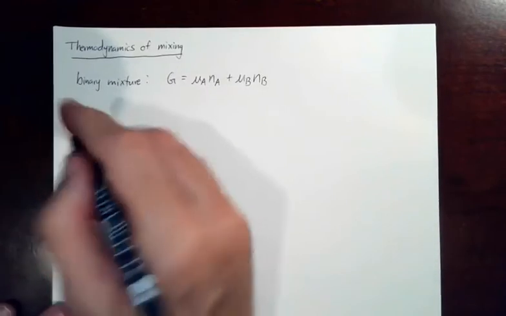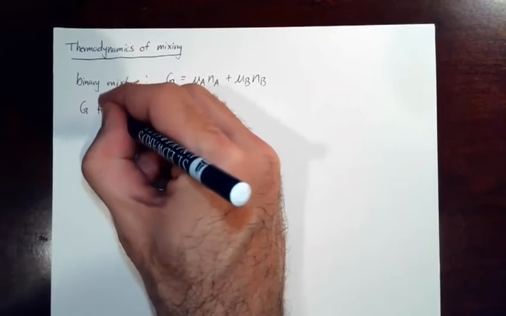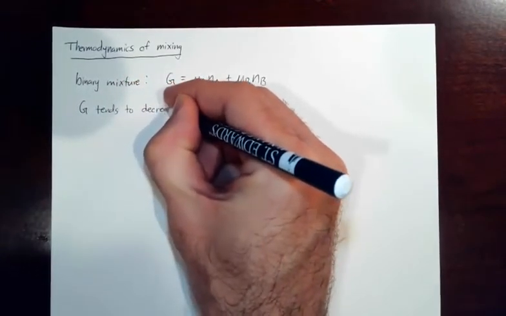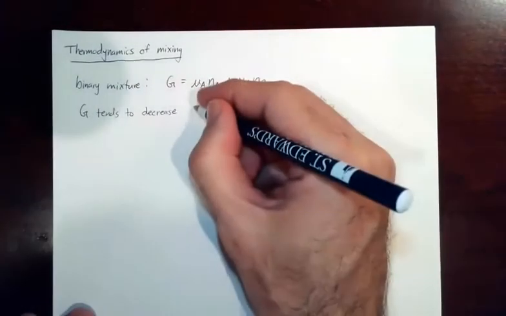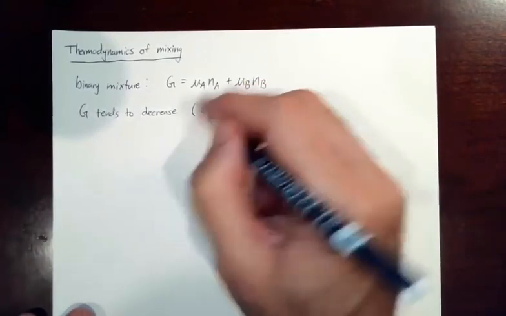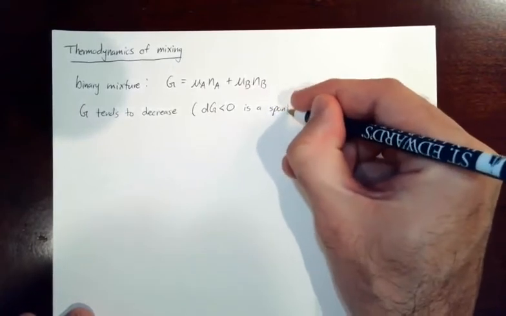And we know that G tends to decrease. We talked about that in the last chapter. In particular, we talked about how dG less than 0 is a spontaneous change.